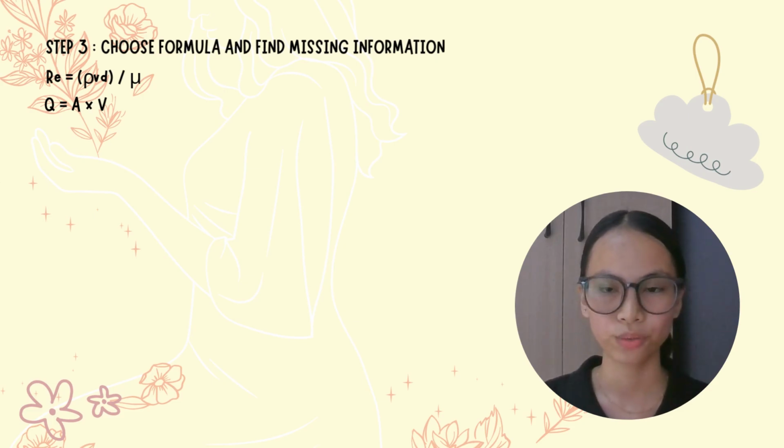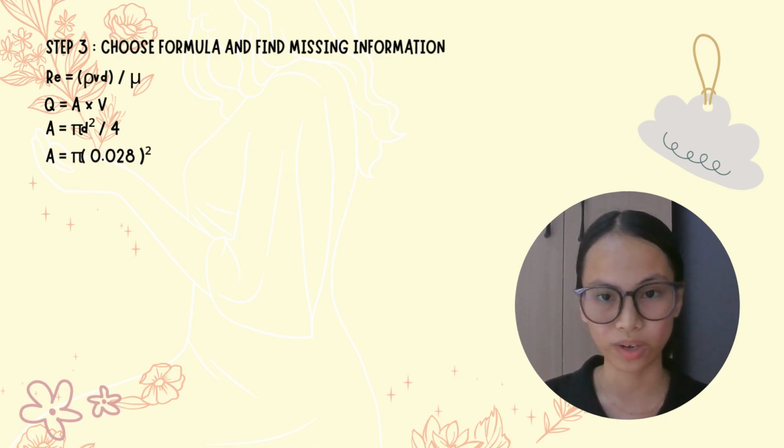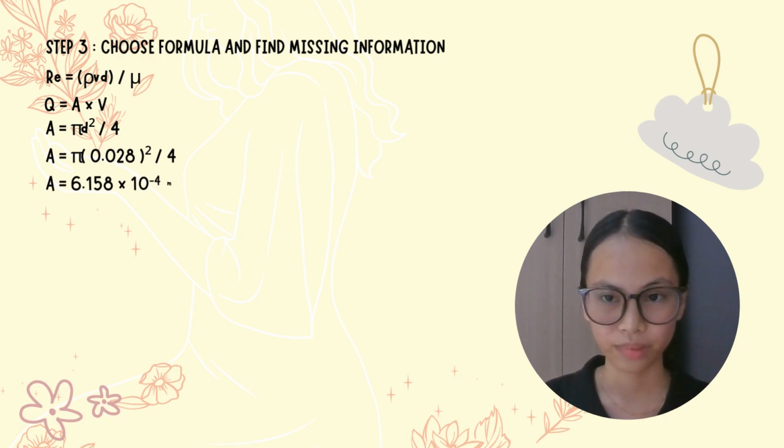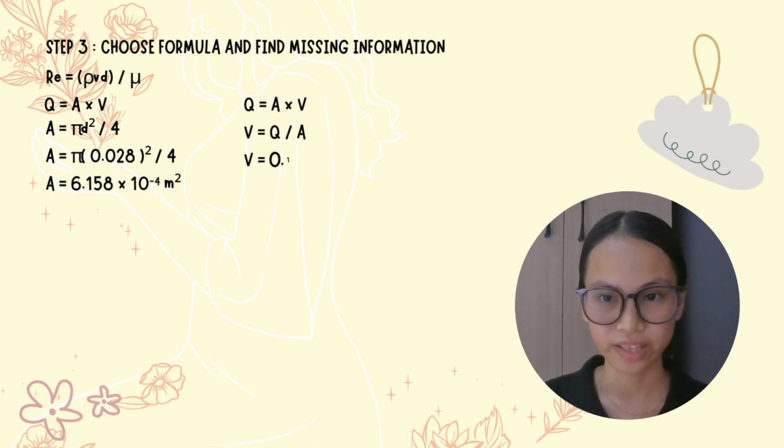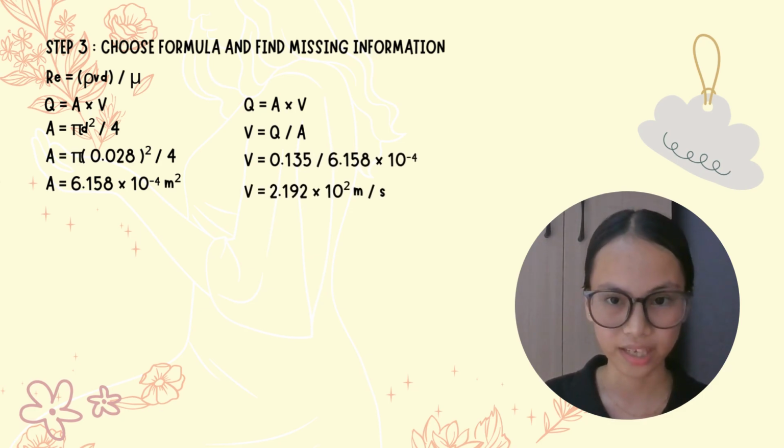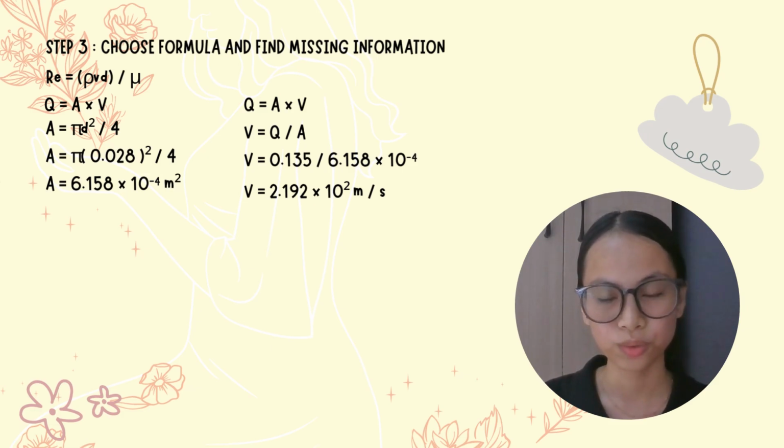But before that, we need to find the area using the formula pi times d squared divided by 4. We then get the value of area, which is 6.158 times 10 to the power of negative 4 meters squared. After that, we insert the value of area in the discharge formula to find the value of velocity, where we then get 2.192 times 10 to the power of 2 meters per second.